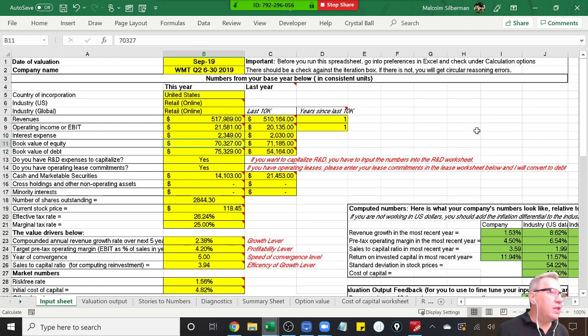Last 10K. 7327. And the one before that? 71,185. And then the book value of debt is 74,709. And then the one before that is 53,796.